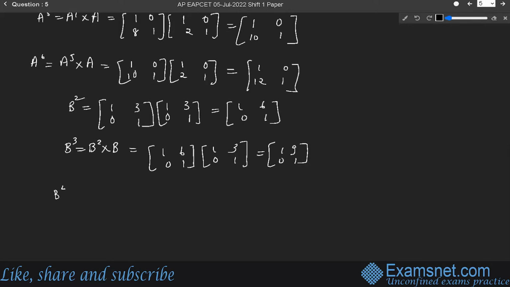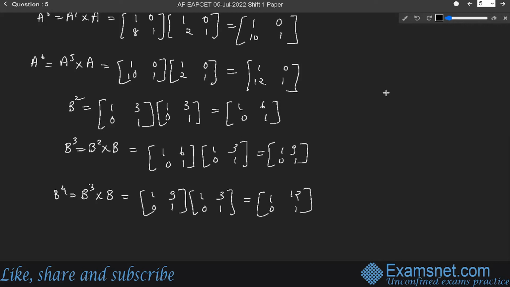Similarly, B power 4 will be equal to B cube into B, which will be written as 1, 9, 0, 1 into B. B is 1, 3, 0, 1. On further multiplying, it will be 1, 12, 0 and 1.